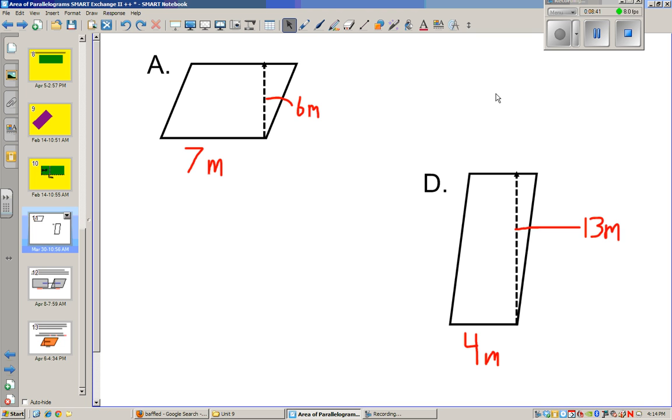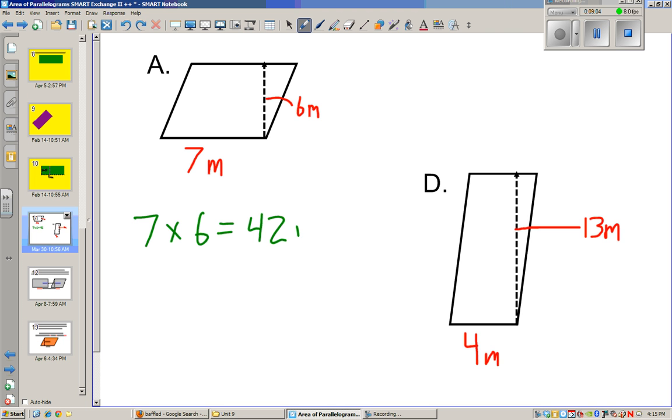So now I'm going to actually calculate and show you how to do the area for A. So if we have a base of 7 meters and a height of 6 meters, then we multiply 7 times 6. 6 times 7 equals 42.